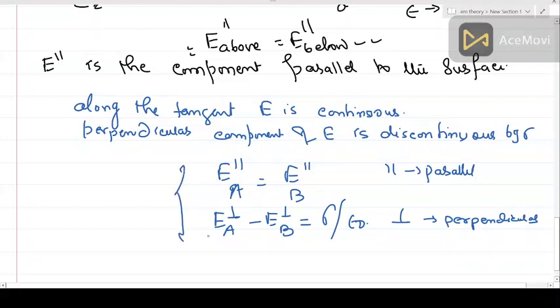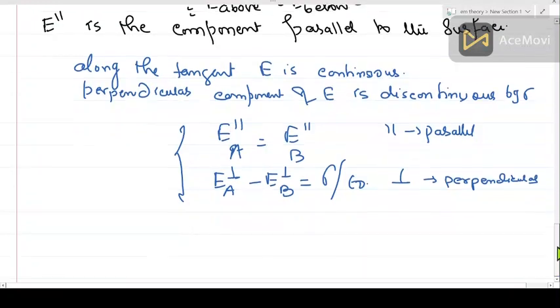Now how can you combine these two equations into one equation? This is very important, and here we make use of a very well-known concept in vector algebra, the unit normal vector. That is a very important concept.